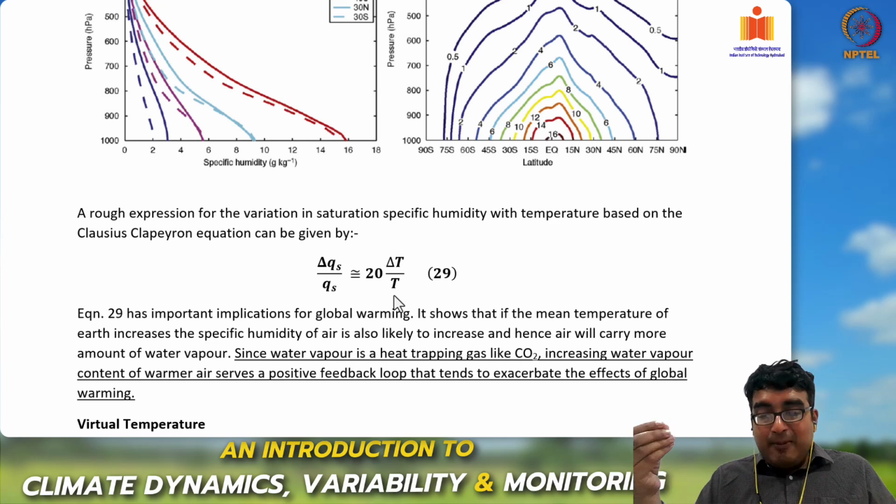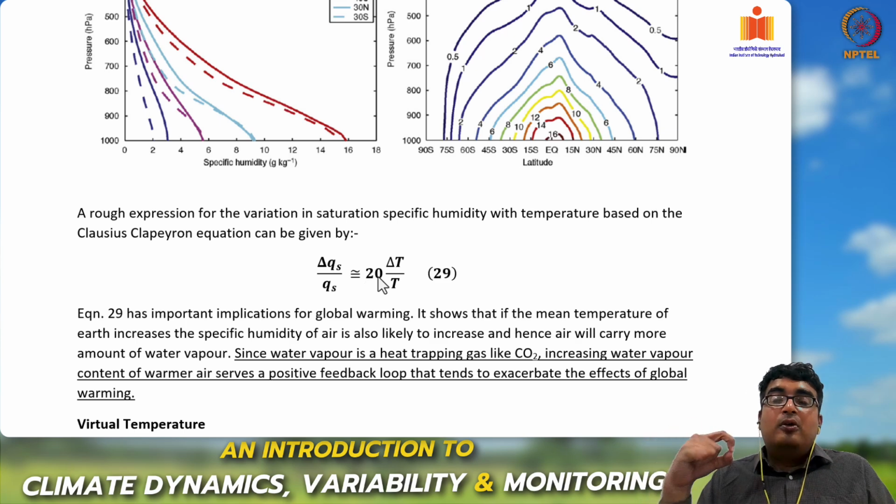So if the mean temperature is, say, suppose this is 300 kelvins and the mean temperature is increased by 3 kelvins. So this is 3 by 300, so 1 by 100, so 0.01. Okay, this is 0.01 into 20, right? So this becomes 0.2.